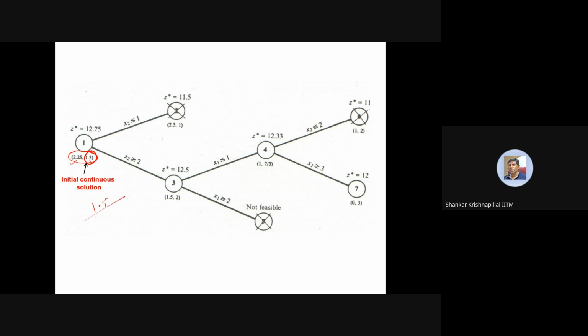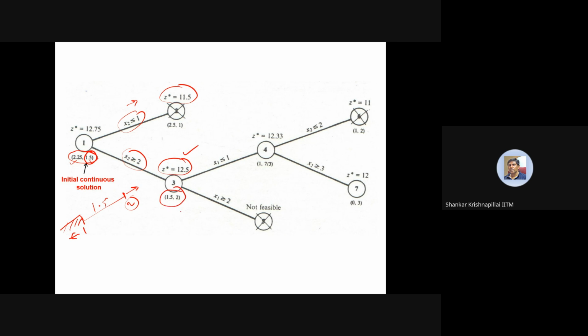So 1.5 is between 1 and 2. Okay. So you give x2 less than 1, investigate in this branch, and x2 greater than 2, investigate in this branch. So for one you get the objective function is 11.5, another you get 12.5. So 12.5 is more than 11.5. So you choose this answer.